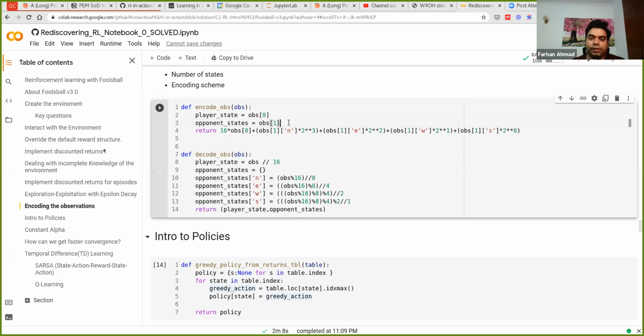This is a dictionary which has four keys: north, east, south, and west, and corresponding to every key, you either have an opponent, which means it will be one, or you don't, in which case it will be zero. Then we take this observation, multiply it by 16, and add the encoding of the rest of the configuration. This number will be between 0 and 319.